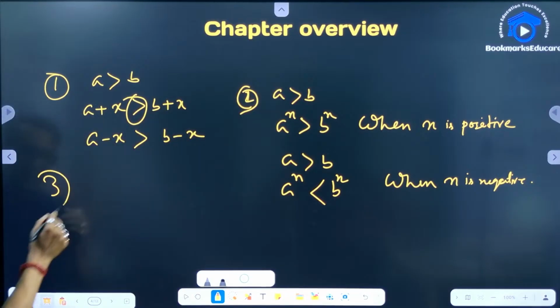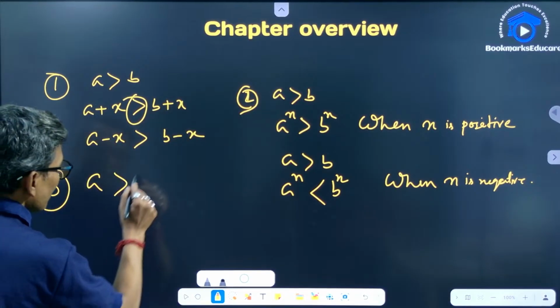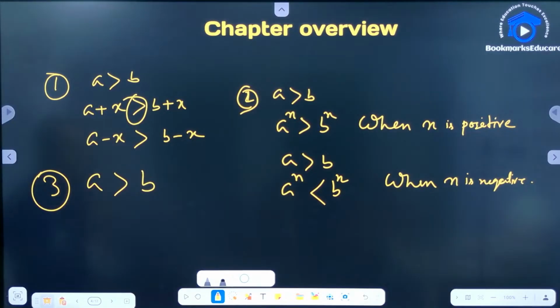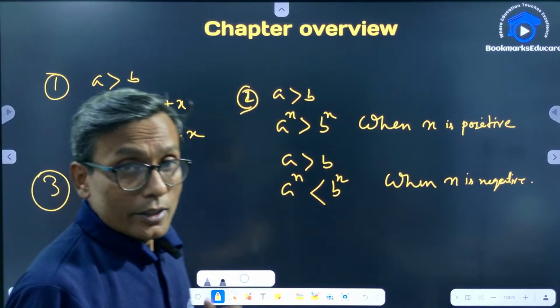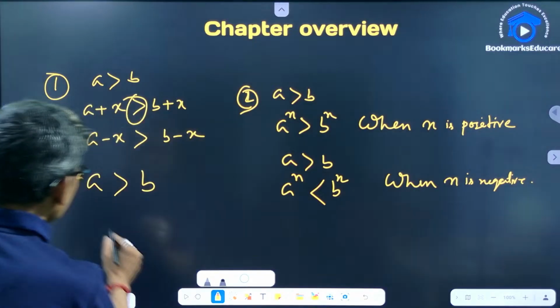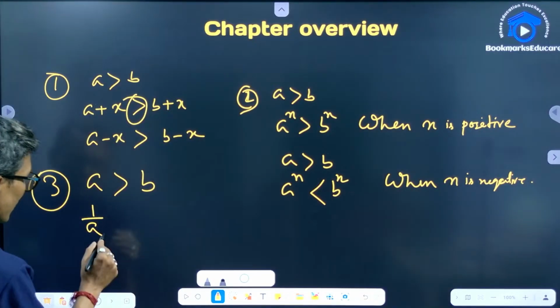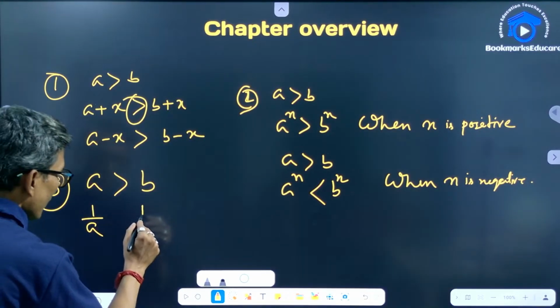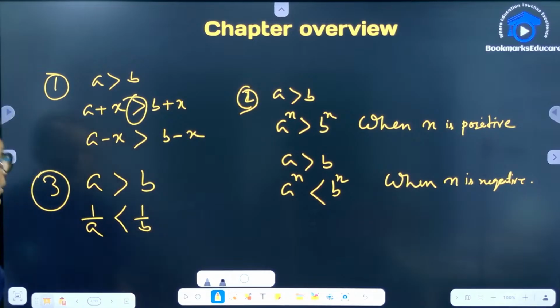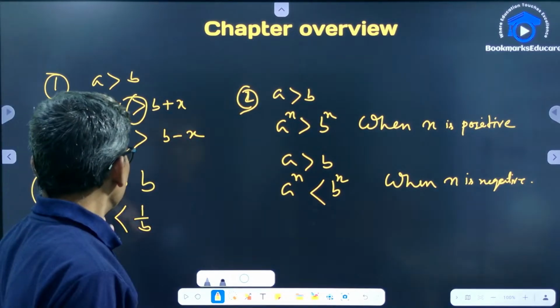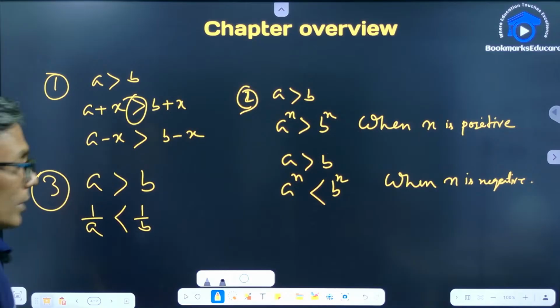And if a greater than b, then if we take the reciprocal on both sides, means 1 by a, 1 by b, then the sign will be changed.